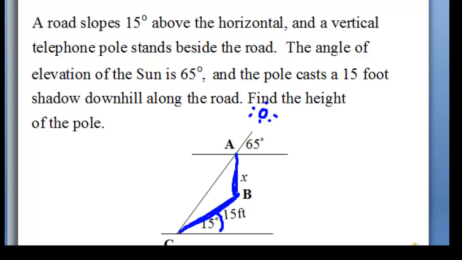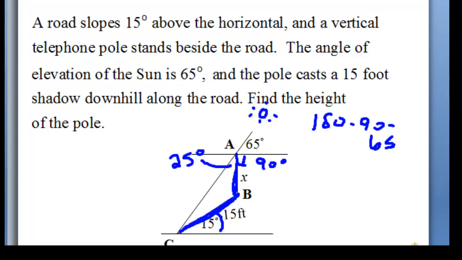So solving this, if we have our telephone pole, we're going to assume that it's a straight telephone pole. That means that this is 90 degrees. So angle BAC will be 180 degrees minus the 90 minus 65, which gives this an angle of 25 degrees.